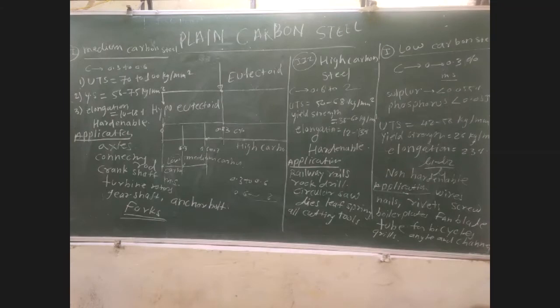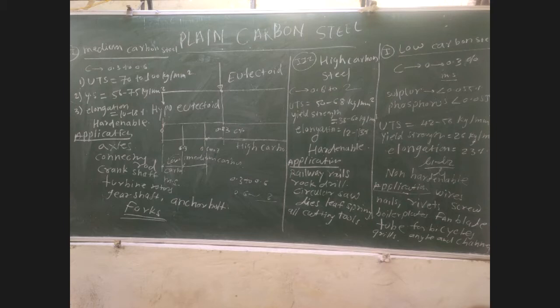Normally sulfur and phosphorus are there, but others like nickel, chrome, molybdenum, titanium, tungsten are not there. So in plain carbon steel, there is no alloying element. But in alloy steel, there will be chrome, nickel, molybdenum. Okay.